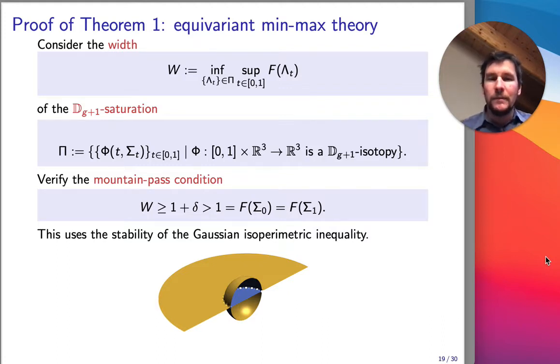Okay? So that means at some point, that region has to be far from a half space, and therefore the Gaussian area needs to go above this threshold in the Gaussian isoperimetric inequality stability result. Okay? So that's how we obtain the mountain pass condition.